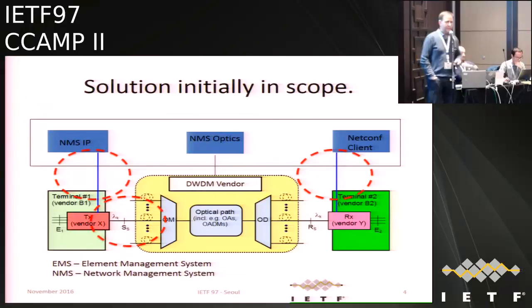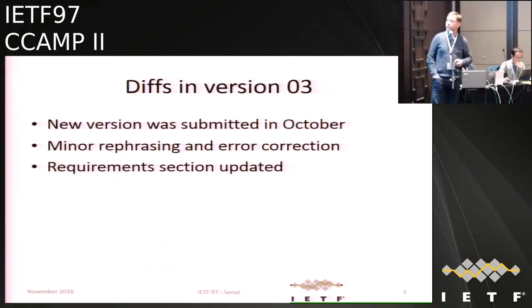So what's new in this version? As I mentioned, it's very short, minor differences. So we refreshed the requirement sections a little bit, and I did some minor error correction and rephrasing of the document this time.